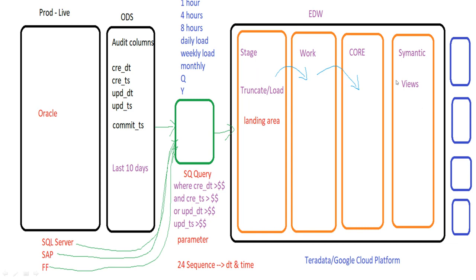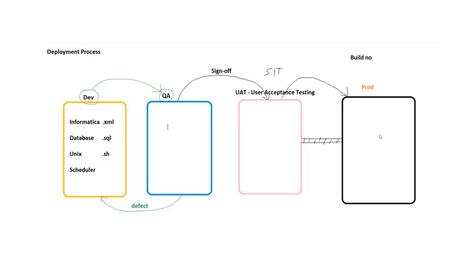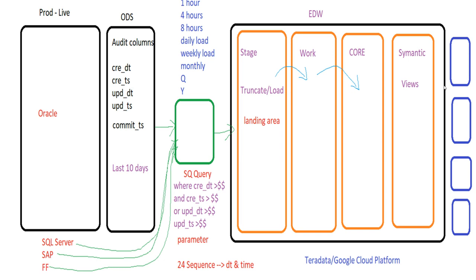As seen in the earlier slide, through the data marts we create the presentation layer, BI reports, using Tableau and Power BI, and we have more reporting tools. This is regarding the production environment from source to target.